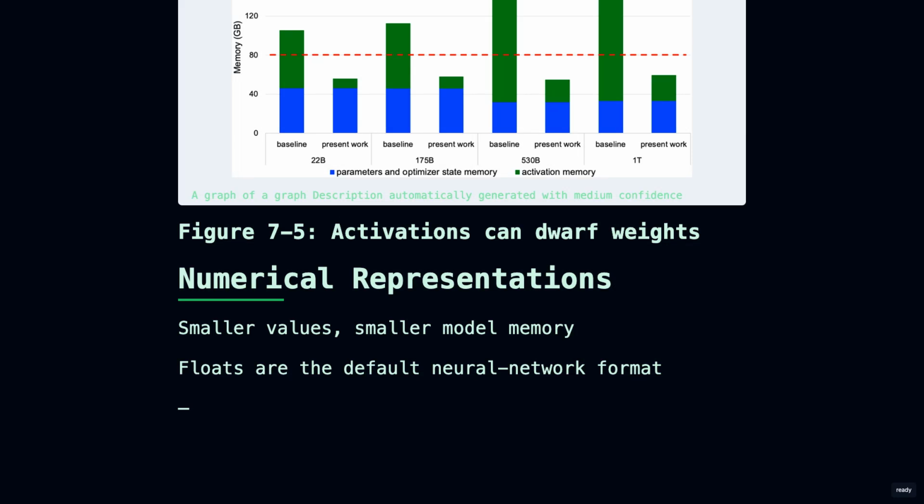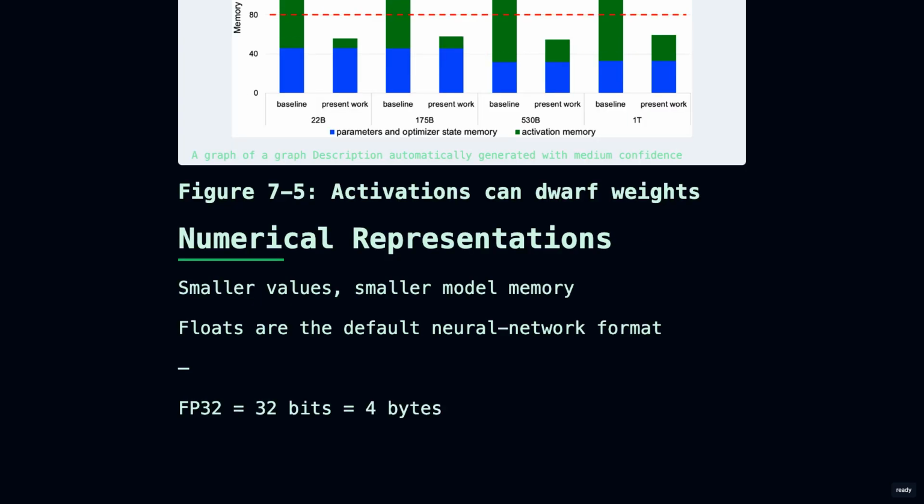We'll start with the common floating point formats and compare how many bits they use. FP32 is the common 32-bit floating point format. It's also called single precision, and it uses 4 bytes for each number.